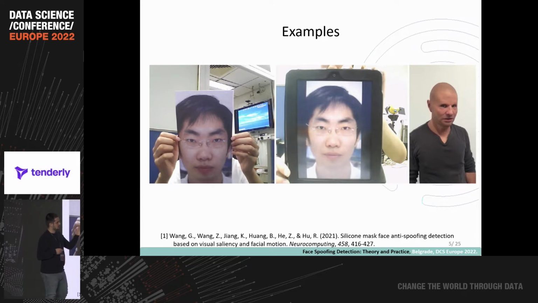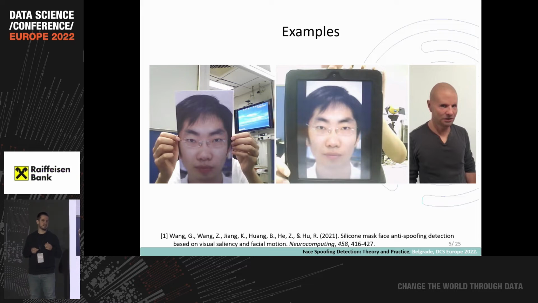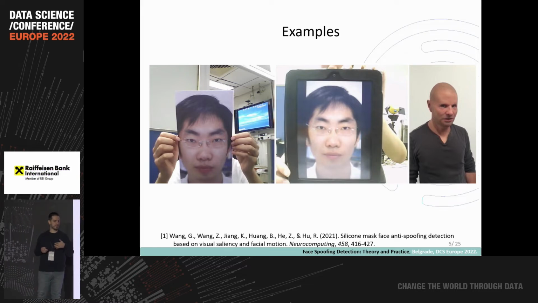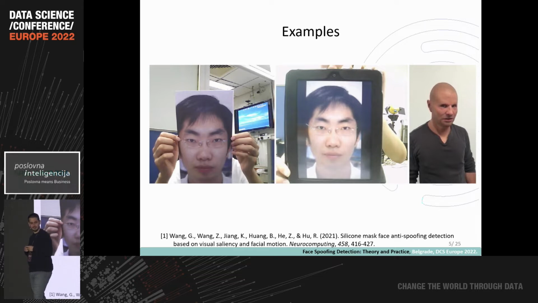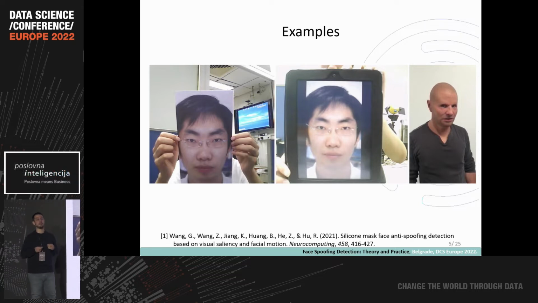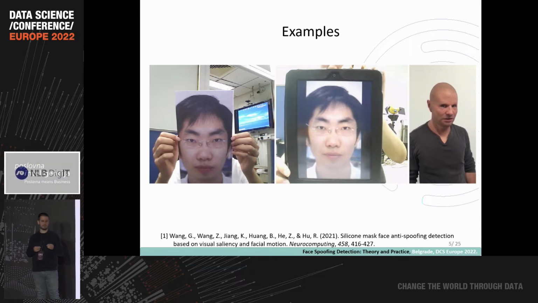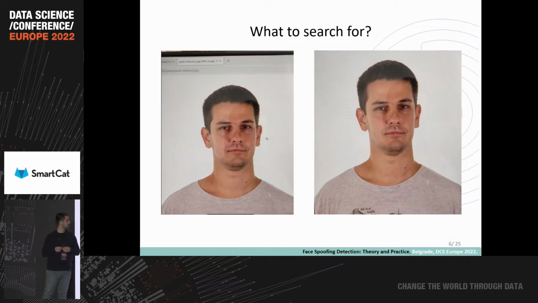The most common one is actually in the middle, when we reproduce someone's face using some electronic device, some screen, monitor, tablet, phone, TV, whatever screen. And the final and really the hardest attack to detect is when someone uses a rubber or silicone mask, something from Mission Impossible 1, actually. That is a really hard task to detect.